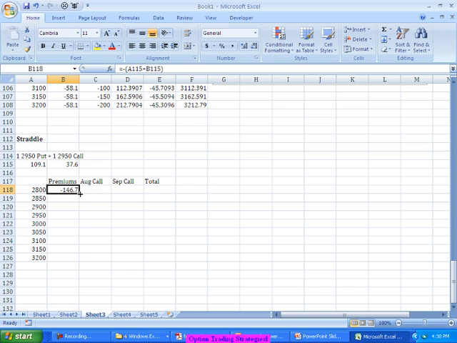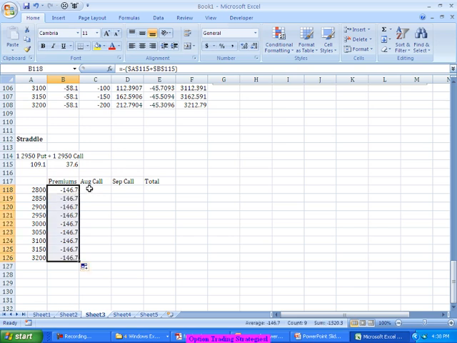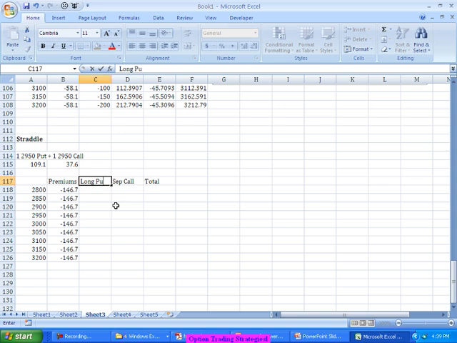Now because I am long on both of them, I'll find out what is the payoff on the long call. Similarly, what is the payoff on the long put? From there, I'll find out the total.